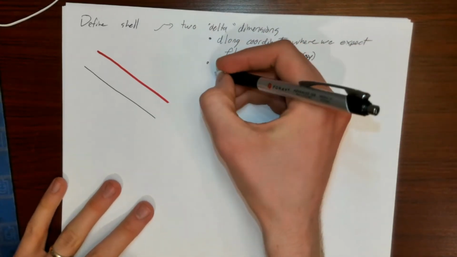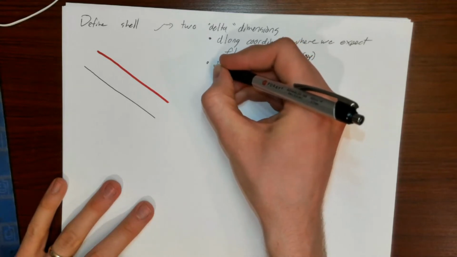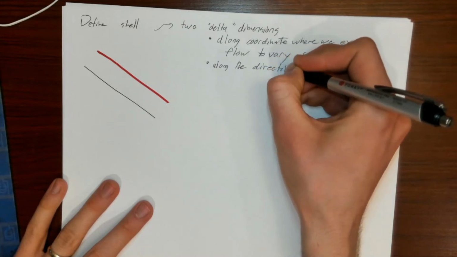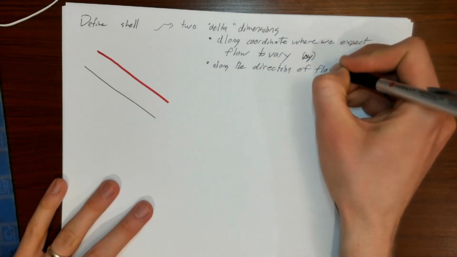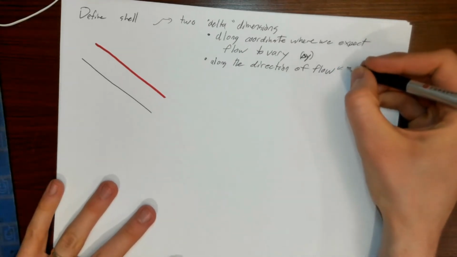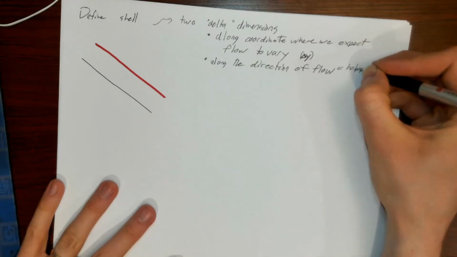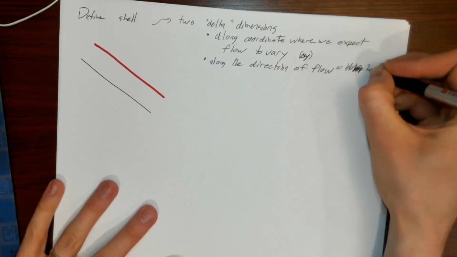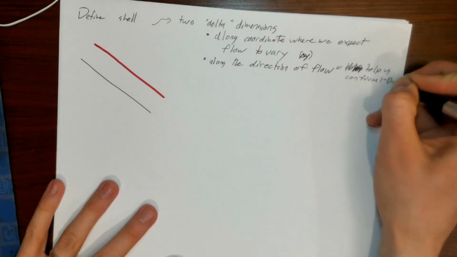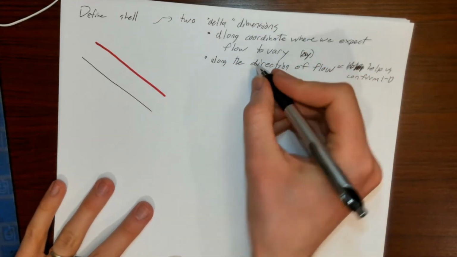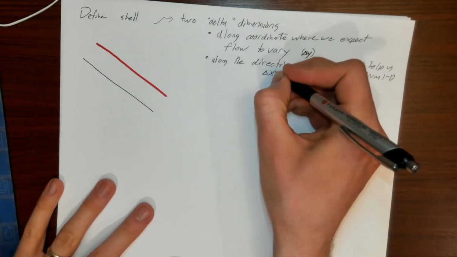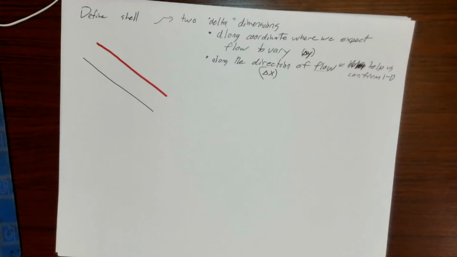And then usually another one is along the direction of flow, and this one will help us confirm the 1D-ness of the flow. In this case, we anticipate the direction of flow to be in x, so we're going to choose delta x as one of our delta dimensions.